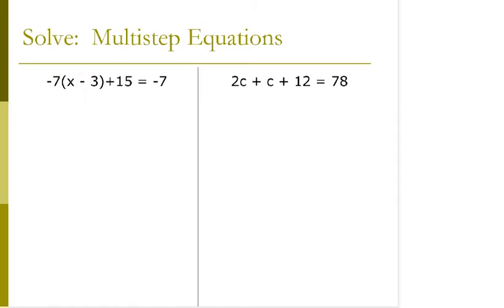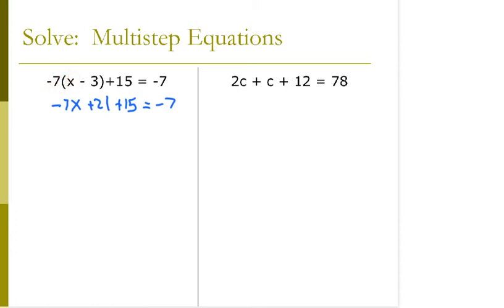So how they would write it, and that's the distributive property that we're applying, is negative 7x plus 21, and then we still have the plus 15 from above, is equal to negative 7. So remember, the distributive property, you're only applying to what's inside of the parentheses.